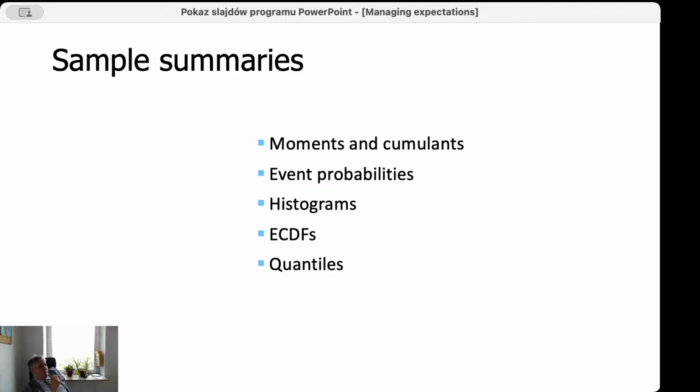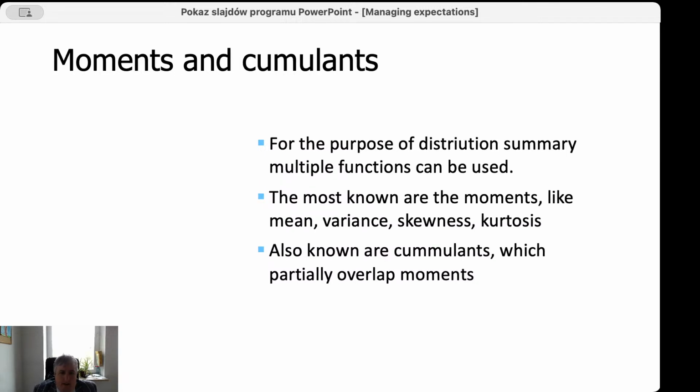In the continuous case, it's a bit more difficult because we need to consider the integral over parameter space in order to define the event. We can use histograms, the empirical cumulative distribution function, quantiles; we have a lot of options. Moments and cumulants are probably the most popular, though most people only know about moments, which are mean and variance, and some people also know kurtosis and skewness.